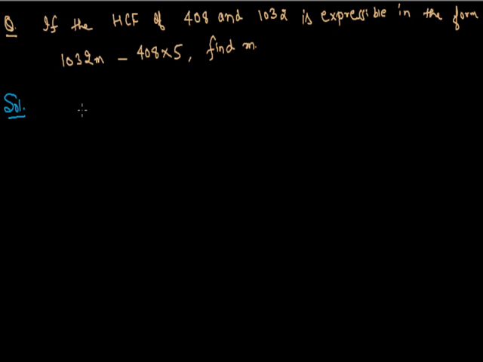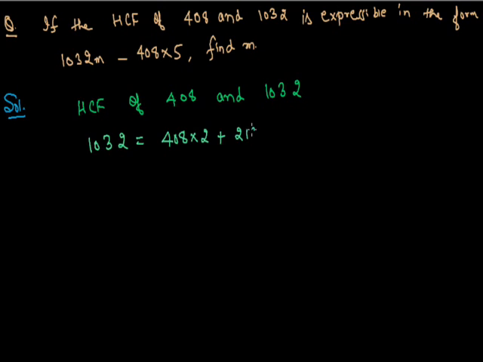Now we have to find the HCF of 408 and 1032. So 1032 is equal to 408 multiplied by 2 plus 216.